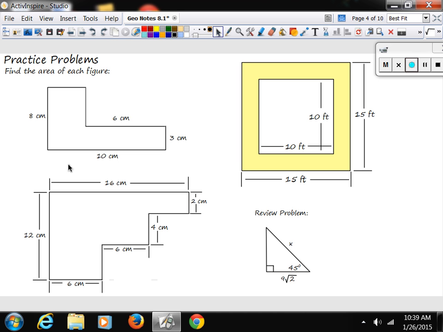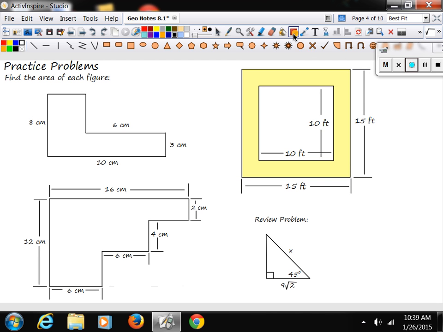This first one, we need to break it into shapes that we know. So let's break it into two rectangles. Should I do a vertical or a horizontal line? Will it matter? No. You can decide. If you want vertical, then you would just go one straight down like this, and then you'd have two rectangles. Now I need to find the dimensions of each rectangle.